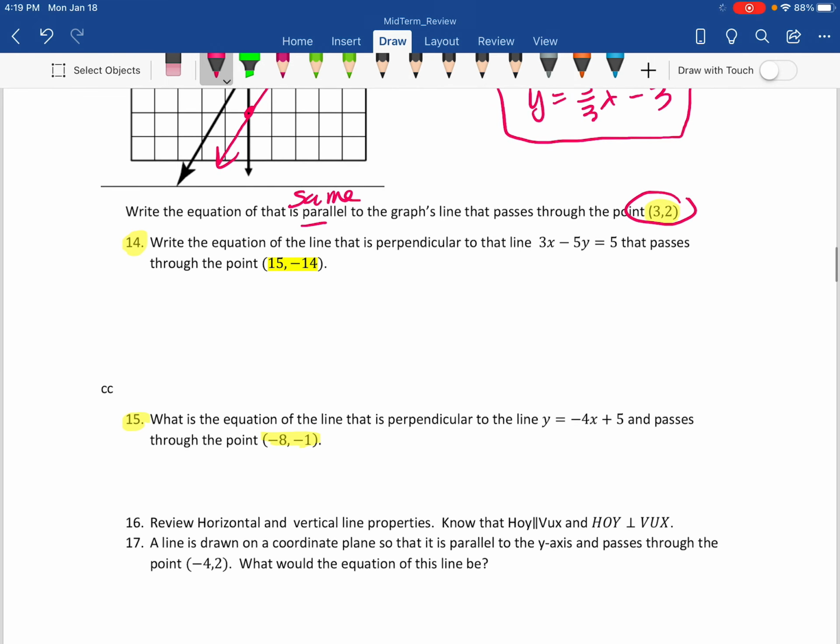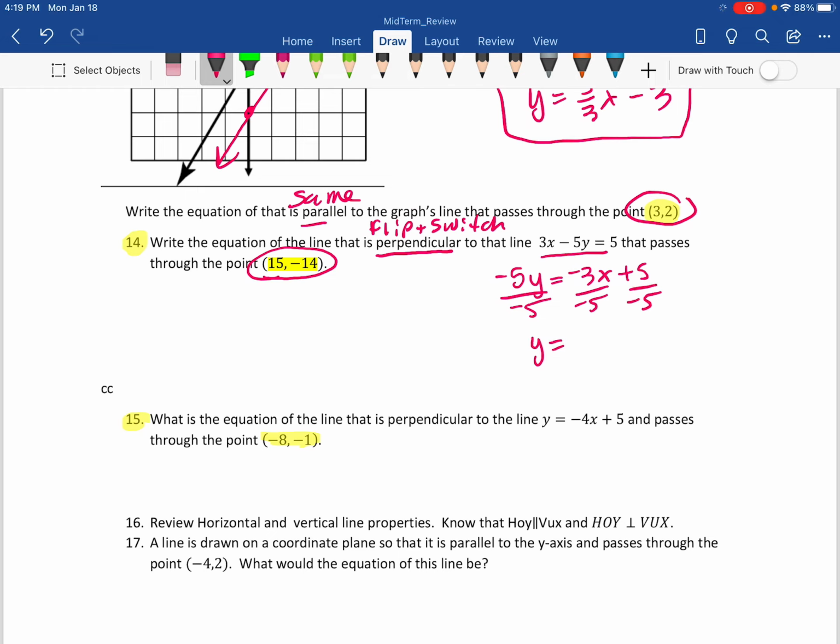Okay. Number 14, write an equation of a line that's perpendicular. So remember, for perpendicular, we flip and switch the slope of this equation, and the line passes through this point. So I'm going to find the slope of that equation by putting it in slope-intercept form. That's going to be -5y is equal to -3x plus 5. I'm going to divide by -5.